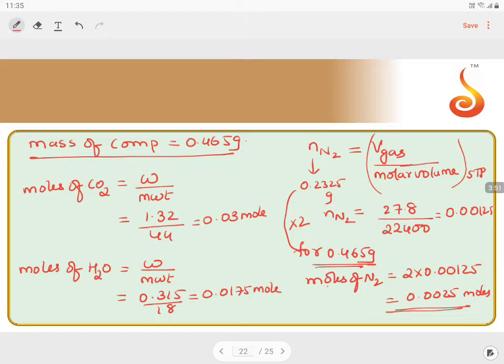So we have all the data: moles of carbon dioxide, water and nitrogen formed from 0.465 grams.